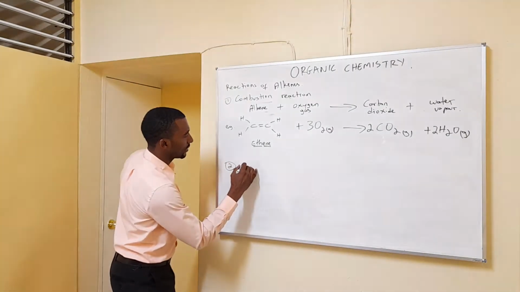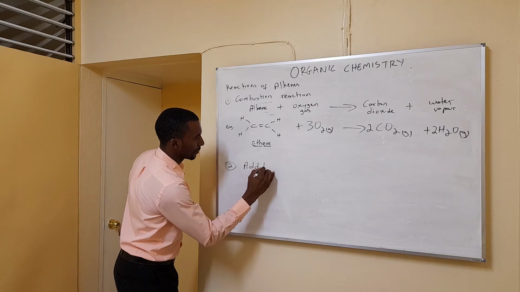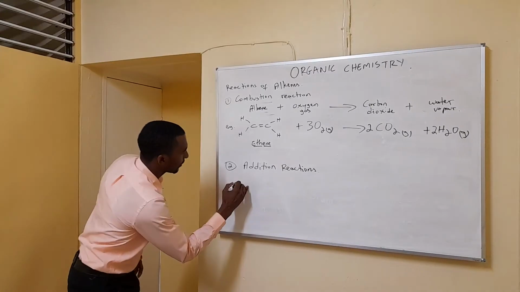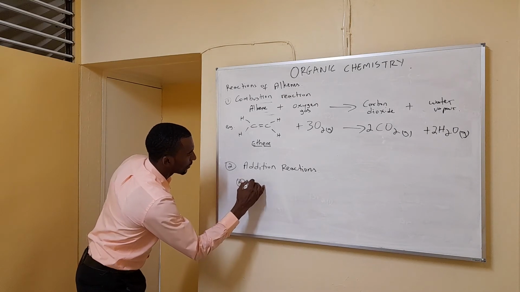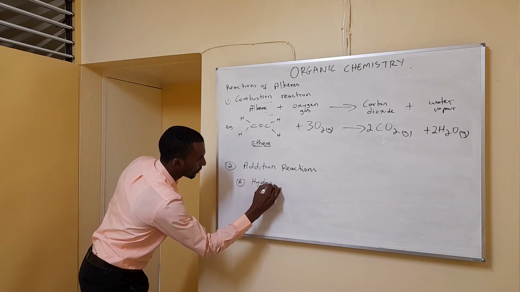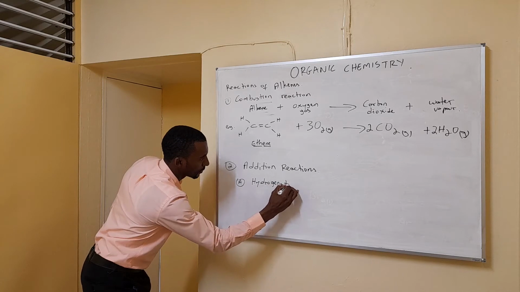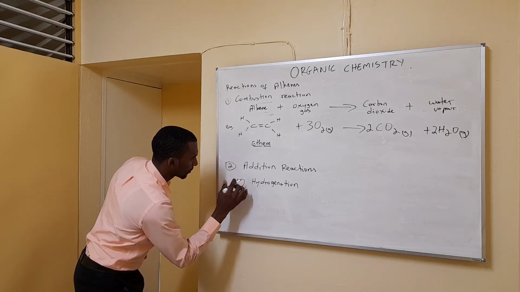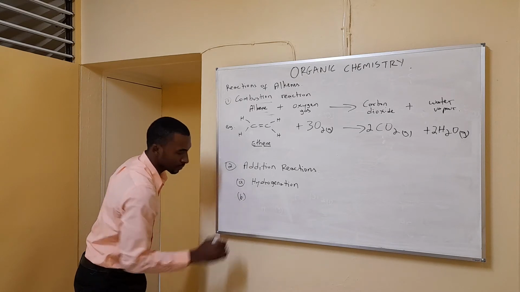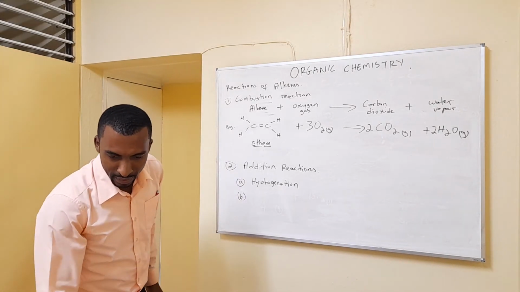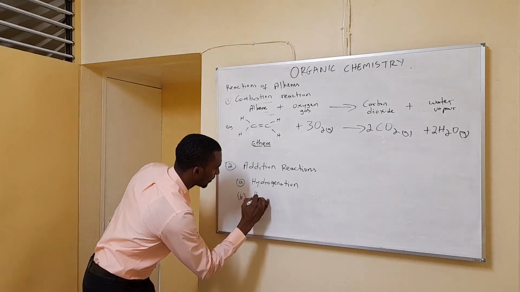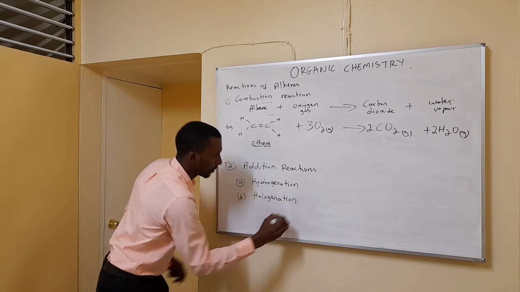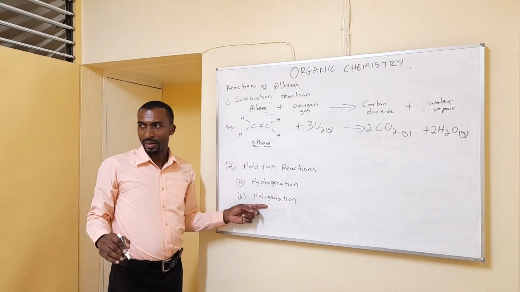Broad category, so addition. So we have A, B, halogenation. You know what halogenation is?